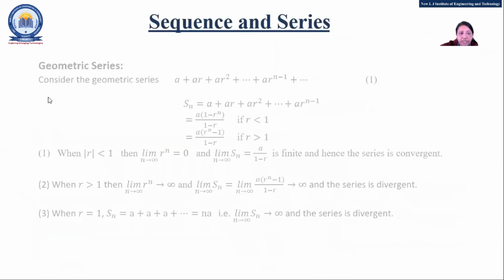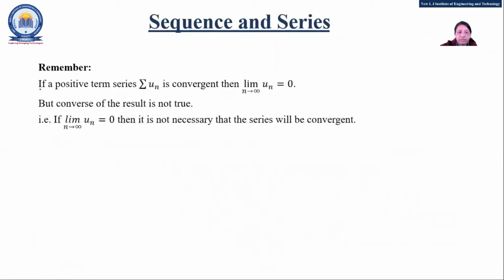Now you need to remember some points. If a positive term series un is convergent, then you can use this directly: limit n tends to infinity of un equals 0. That means the limit of that is 0.